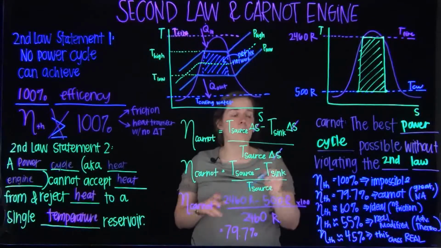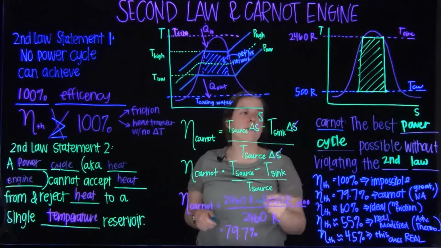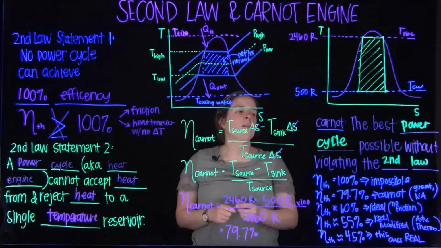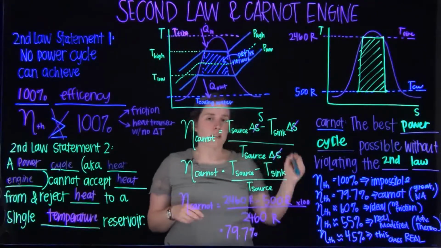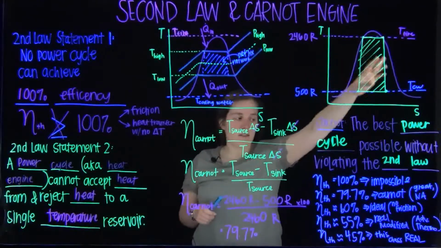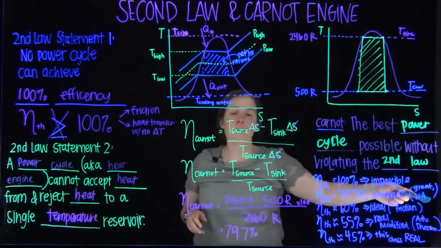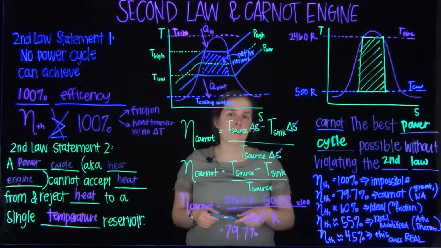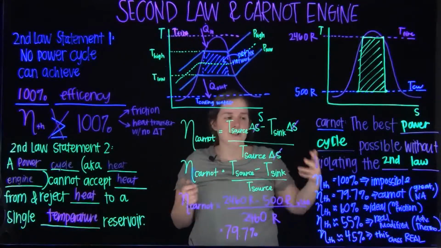So a Carnot engine is the best power cycle possible without violating the second law. And depending on these temperatures that we have, we can maximize that thermal efficiency. But again, it's great, but it's not achievable. It's not violating the second law, but we just still can't achieve it.